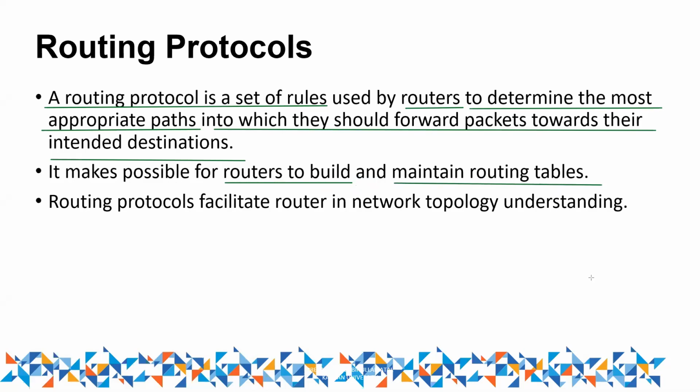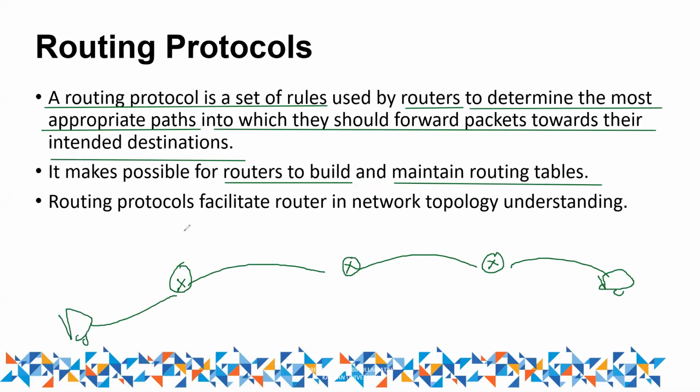To build and maintain what? Routing tables. You know what a routing table is? Because when the router, let's suppose in this topology, I have 3 routers and I have 2 networks.